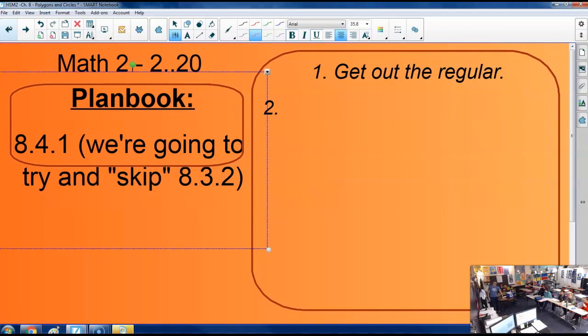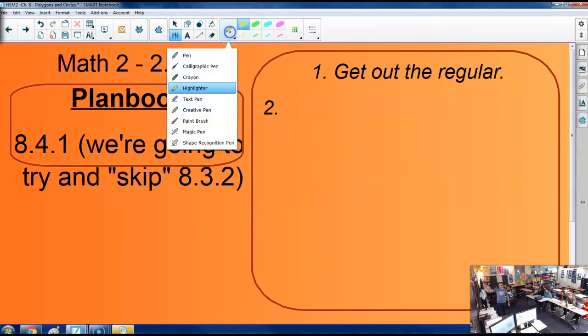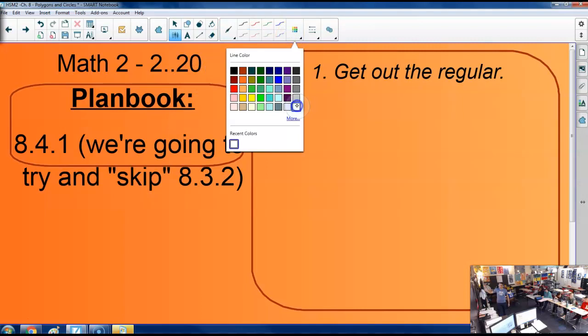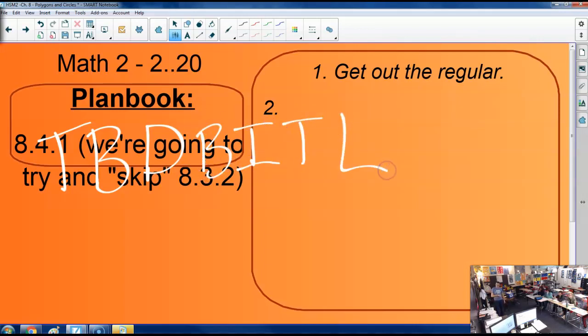So we're gonna try to skip 832. So your homework right now, literally what it said when you came in, was: what did it say? Anybody? What does this mean? To be determined. Yeah, aside from in Ohio, that means something different. BTTL. But that's something you will see in Ohio.